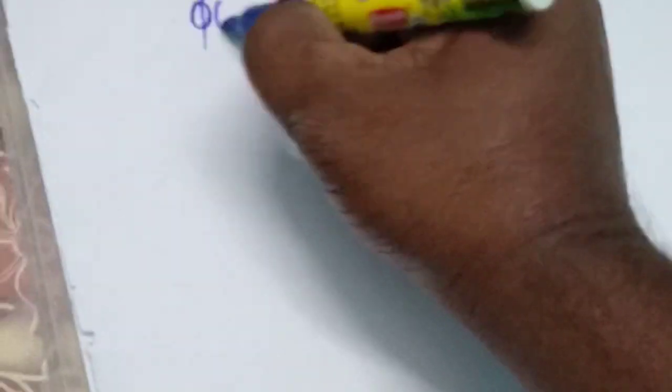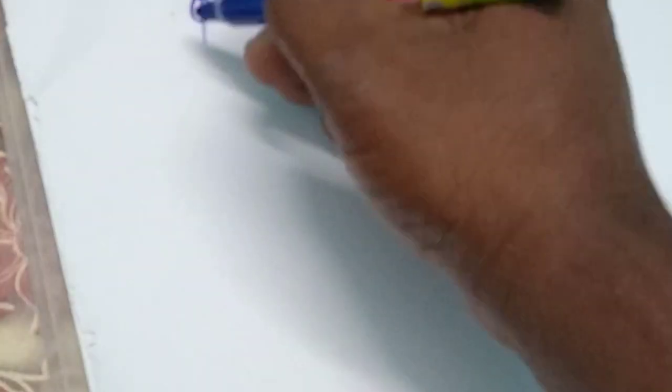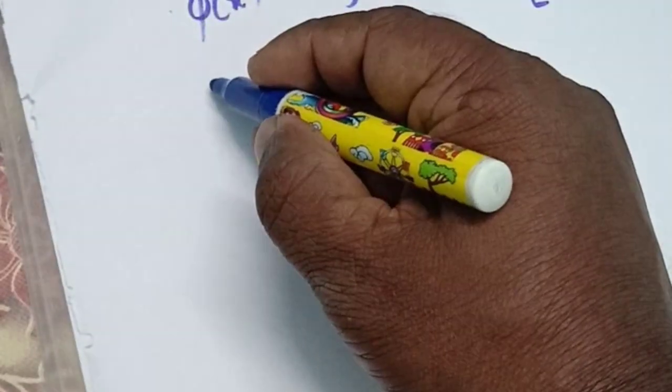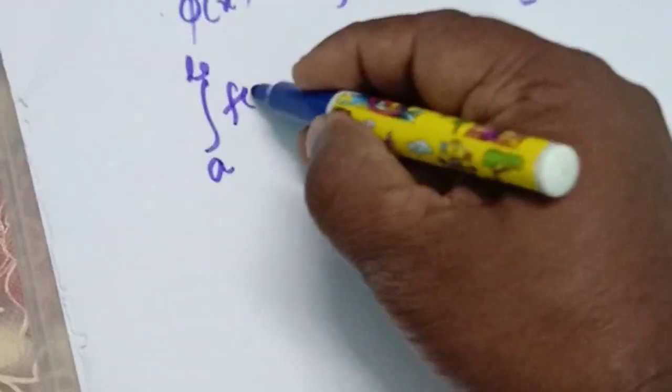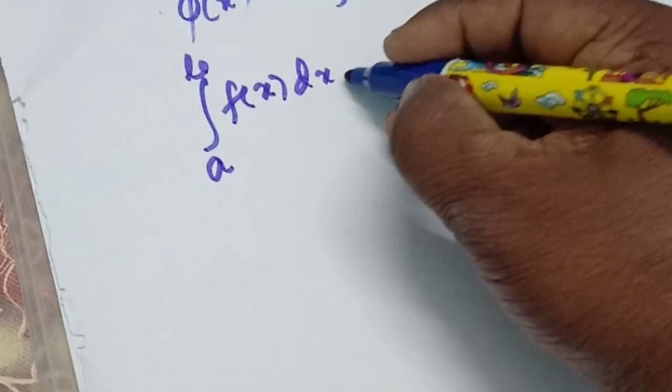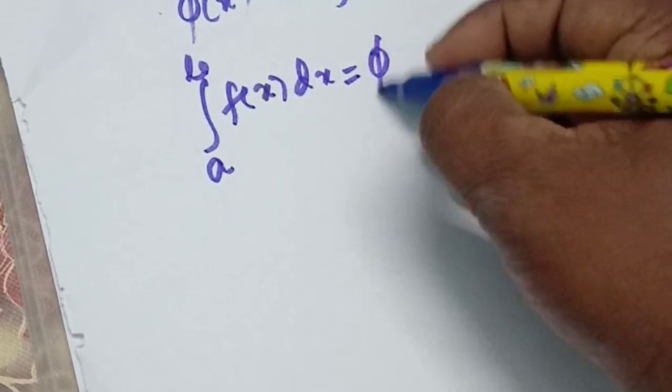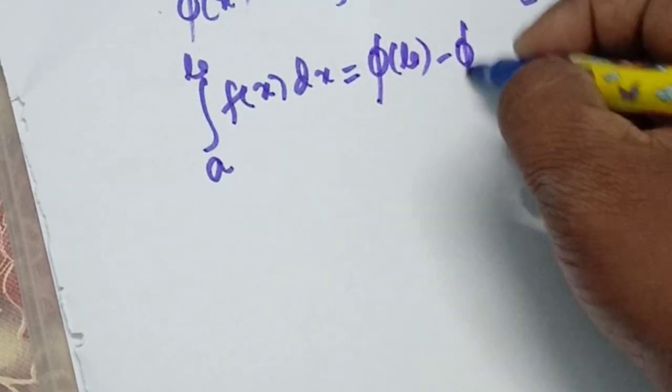If phi x is the integration of the continuous function f x dx, and f x is continuous in the closed interval a b, then the definite integral is denoted by integral from a to b of f x dx.